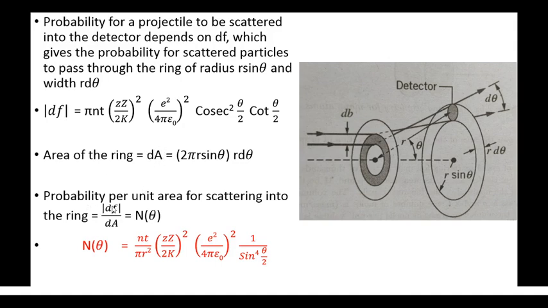So what is the probability per unit area for scattering into the ring? It is modulus dF by dA, and that is n of theta, which represents the number of scattered alpha particles. You can just divide dF by dA and you will get this equation, which represents the number of alpha particles scattered through an angle theta, and this formula is known as the Rutherford scattering formula.